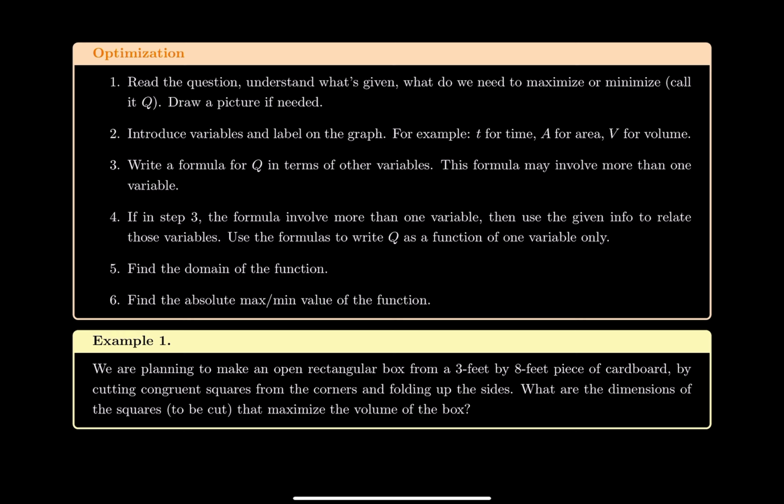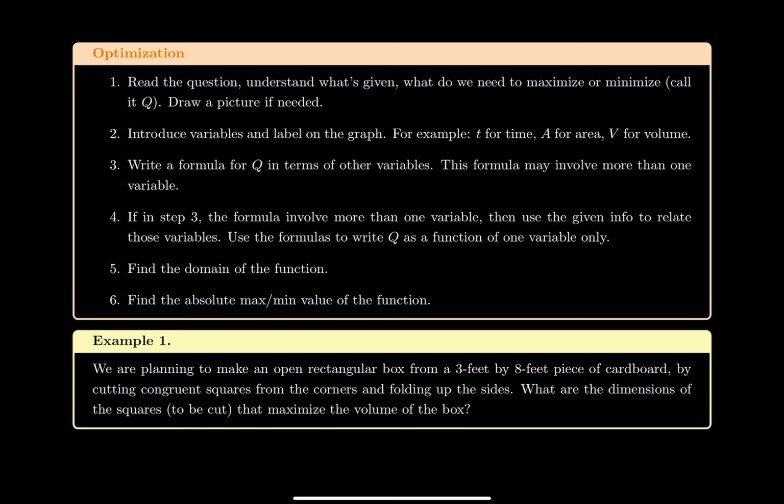The second step is you should introduce some variables. So what I usually say is you should translate English to math. For example, if the question says volume, maybe you want to use V. If the question says let's find the price, then maybe you want to use P or cost, C, or something like that.